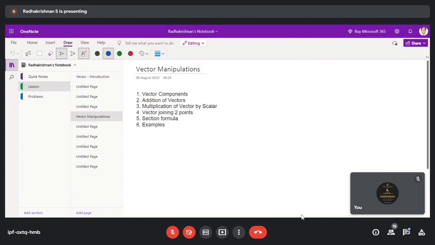Okay. So hope these are clear. Any questions or any doubt, you can feel free to ask me now. Next class we'll continue with multiplication of vectors, vector by vector, or product of two vectors. So that's what is remaining in vectors.